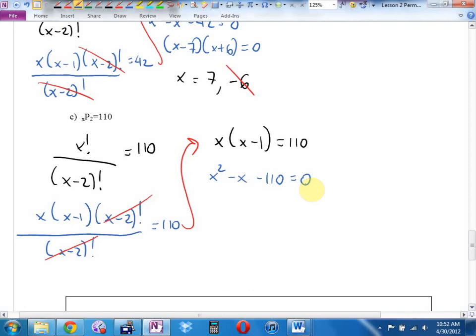One positive, one negative. There's not much that goes into 110. It's either 5, 2, 11, or 10. I can try my 10 times table first. I think we get x minus 11, x plus 10 equals 0. The roots are positive 11 and negative 10.